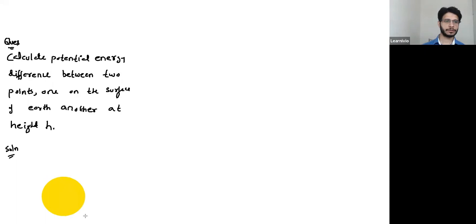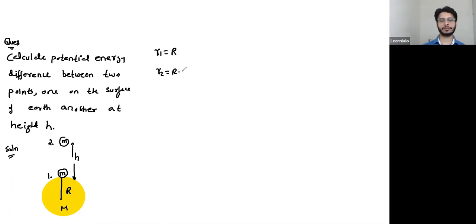So this is Earth. The mass of Earth is capital M. The radius of Earth is capital R. I take one point on the surface of Earth, that's small m. I take another point at a height h. This is point 1, this is point 2. So your R1 is R, and your R2 is R plus h. One is on the surface of Earth, another is at height h, so that's R plus h.